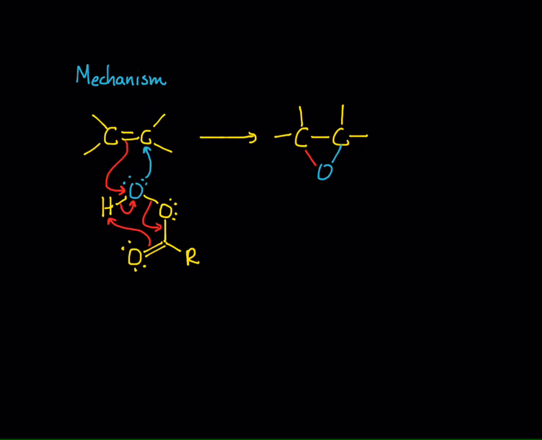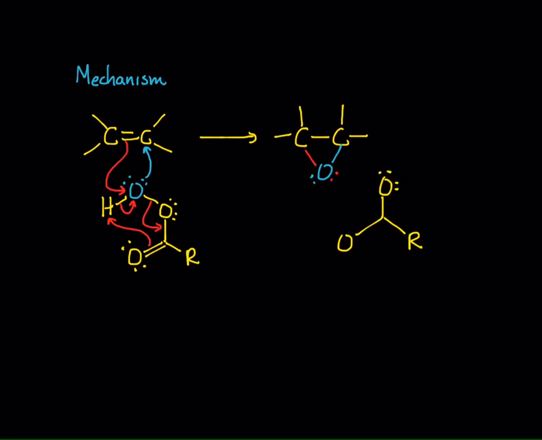The oxygen donated its blue electrons to the pi system. So now I have my epoxide, right? So that's my epoxide. I have a pair of electrons that weren't involved in anything, and then I have a new pair of electrons that are coming from the oxygen-hydrogen bond, so I've colored them red.